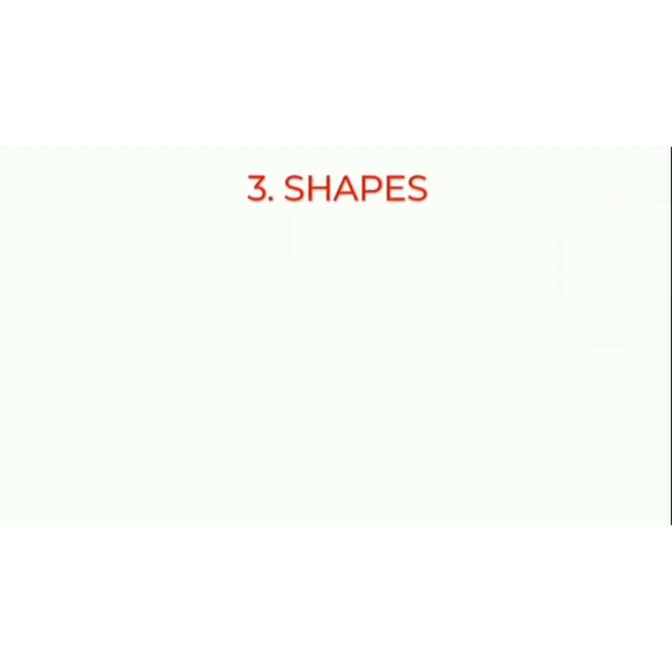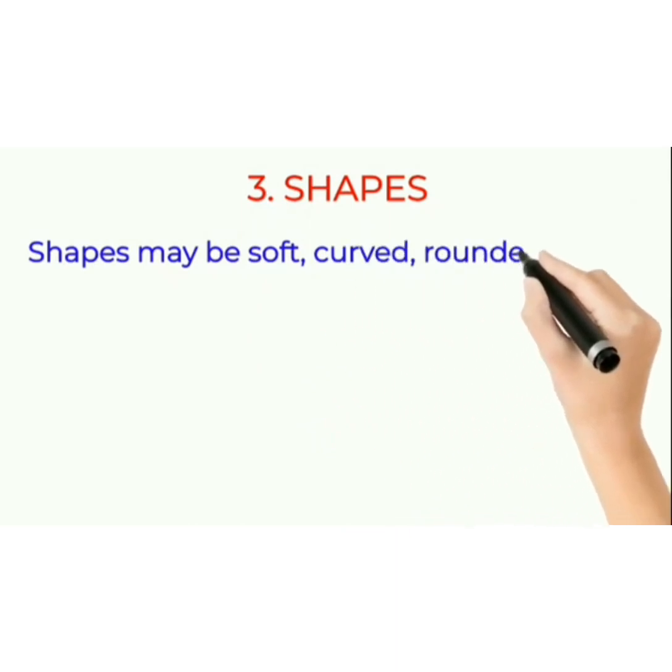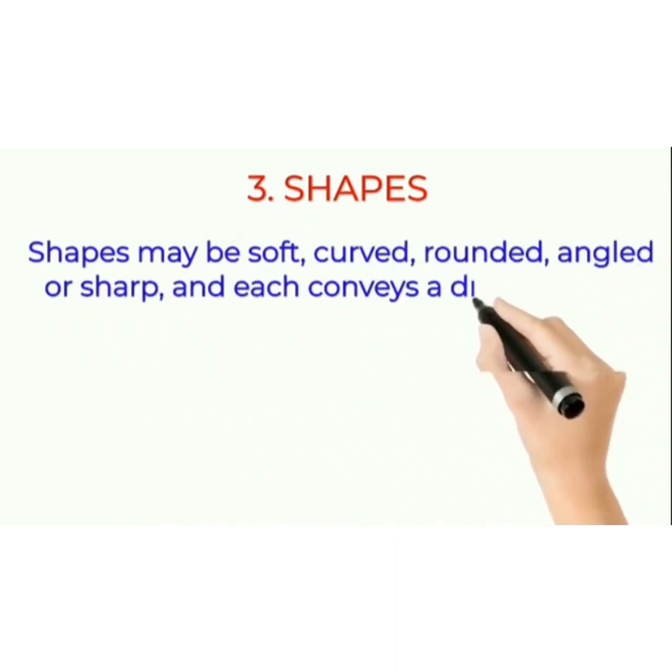Three. Shapes. Shapes may be soft, curved, rounded, angled or sharp, and each conveys a different type of mood or emotion.